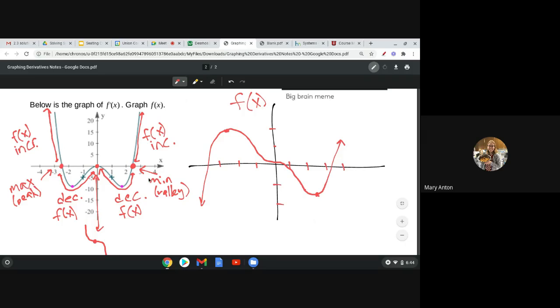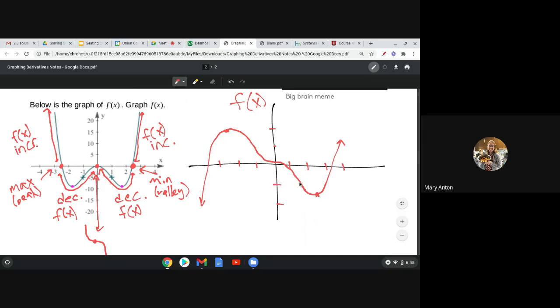We know that at negative 2.5 we have a maximum because our derivative switches from positive to negative. Therefore, our function switches from increasing to decreasing. And then at 0, our slope is also 0. But our function goes from decreasing and then continues decreasing, so it'll be one of these points where we swap from concave up to concave down.